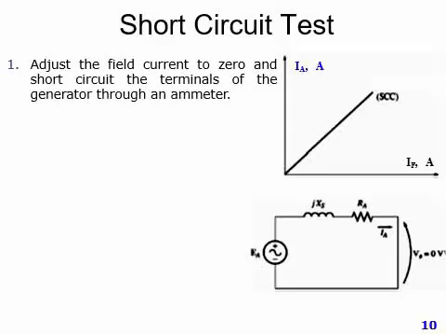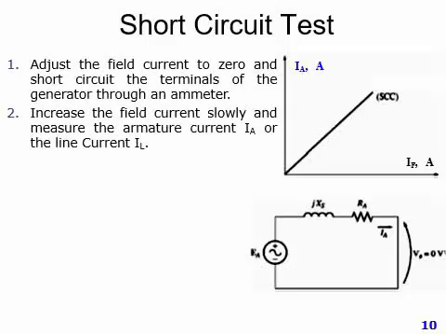If we apply the short circuit test, we connect the load points with the short circuit wire, and this completes the equivalent circuit like this. Adjust the field current to 0 and short circuit the terminals of the generator through an ammeter.